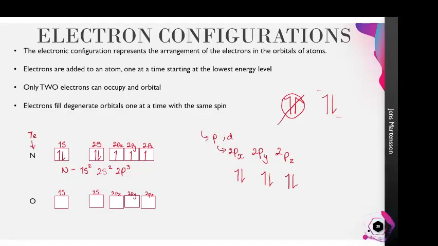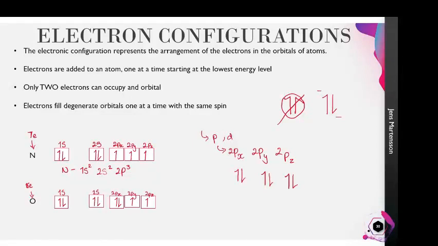Oxygen has 8 electrons, so we'll fill our first 1, 2, that's 2 electrons accounted for, 3, 4, 5 into px, 6 into py, 7 into pz, and back into px, 8.